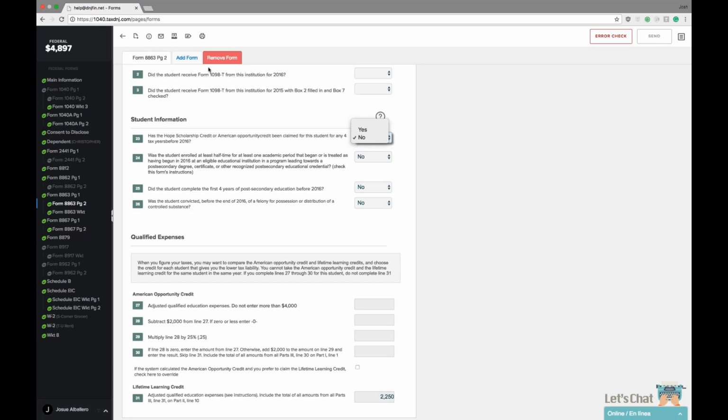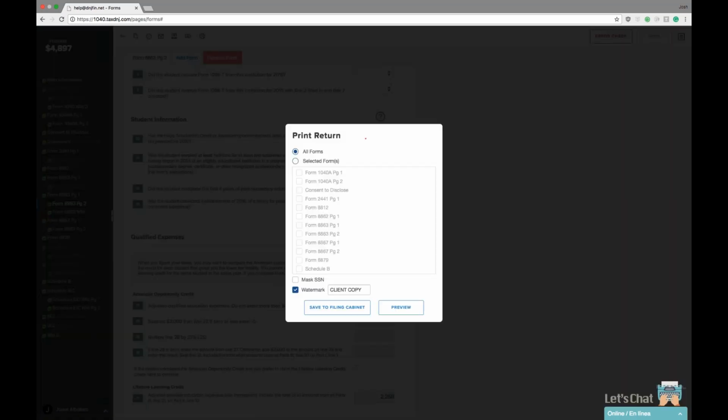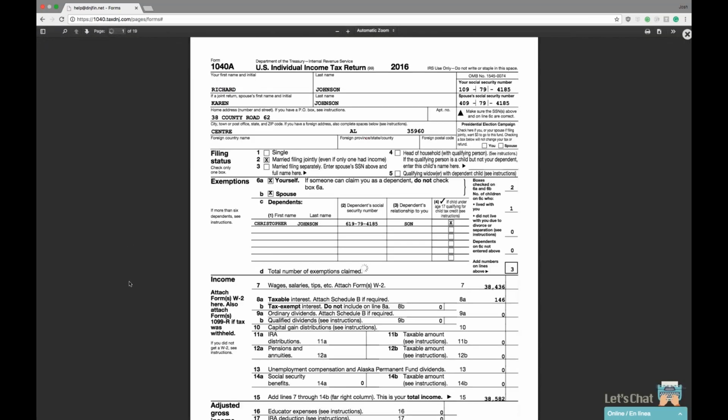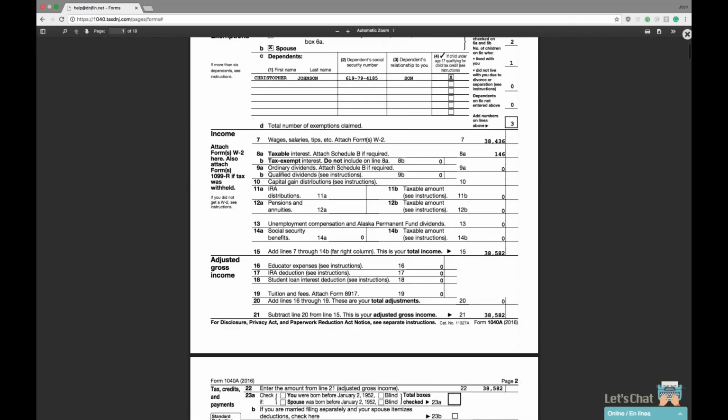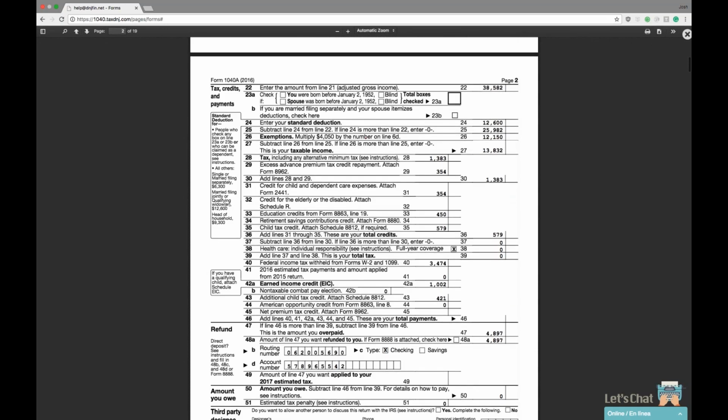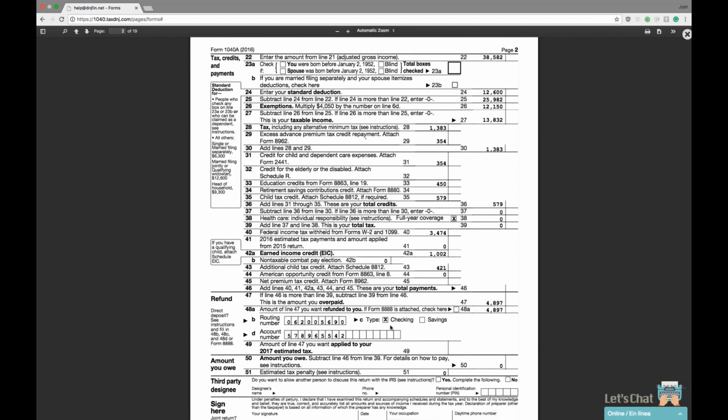So let's go to the 1040 and take a look real quickly, and then we're done. We're going to be done, and I'll tell you what we're going to do after that. So let's look at the 1040. I'm going to go directly to 1040 page 2. This is going to look a little different because this is a simple form.